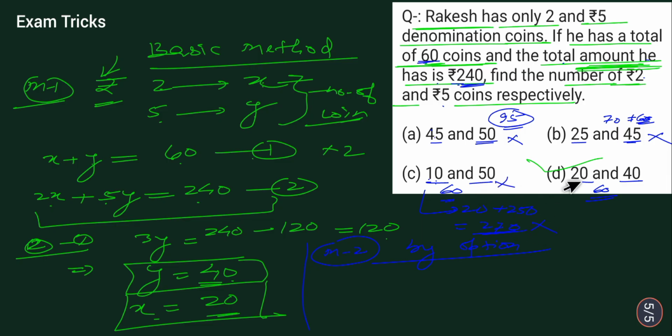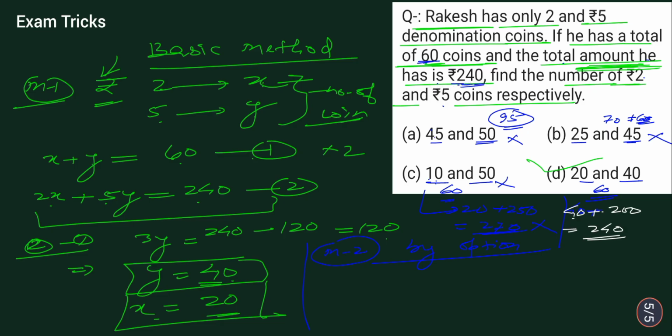Now let's check the other. 2 rupees coins are 20, so the total amount would be 2 into 20, that is 40, plus 5 rupees coins are 40, so 5 into 40, that is 200. Is it clear? So the total amount would be 40 plus 200, that is 240, and it is also given in the question.